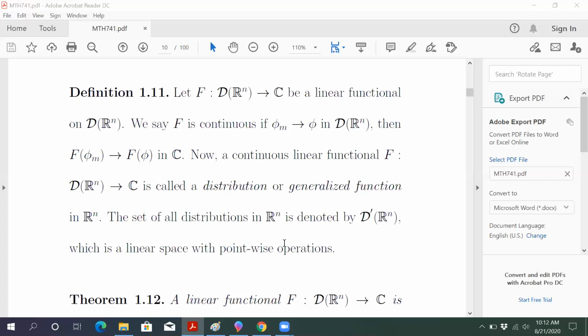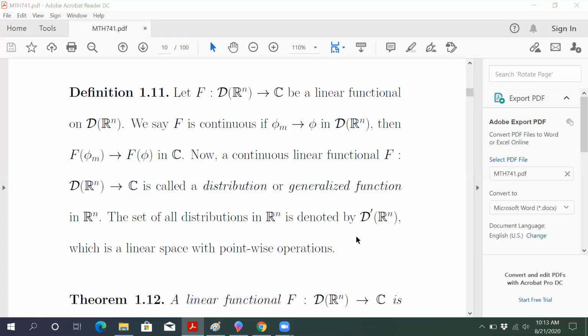You write down this definition, then I'm going to explain the last two bottom lines. So every continuous linear functional on D(R^n) is called a distribution or generalized function.